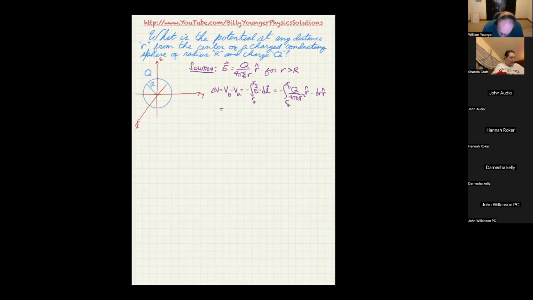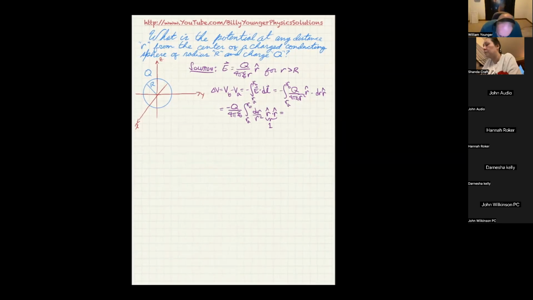We can actually now pull out all the constants, and I'll get a negative Q over 4 pi epsilon naught. And then I'm going to get the integral from RA to RB of dr over r squared times r hat dotted with r hat, which of course is just 1. And then, of course, you've got the integral of r to the negative 2 dr. That integral is r to the negative 1 divided by negative 1.